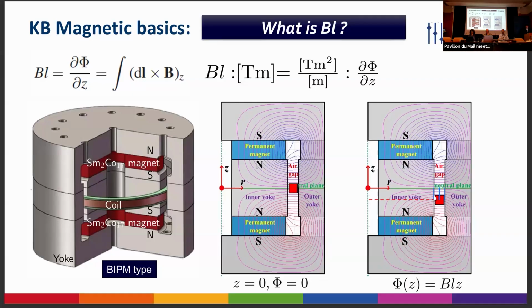And we know that at the inner yoke, the outer yoke, or at the coil radius, the flux is the same, but the magnetic field is different. So we can calculate this flux with the equation, just B L Z. And again, if Z equals 0, it is 0. So now we know how to understand BL in such a magnetic circuit.